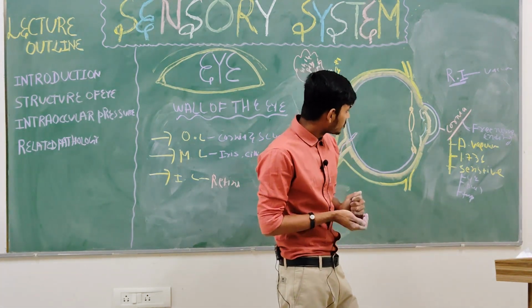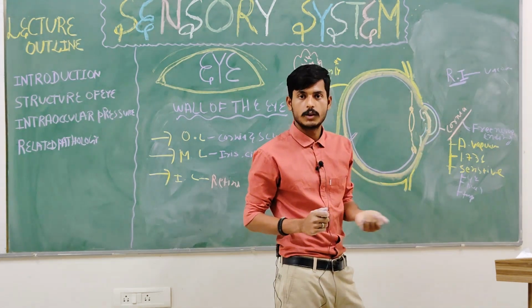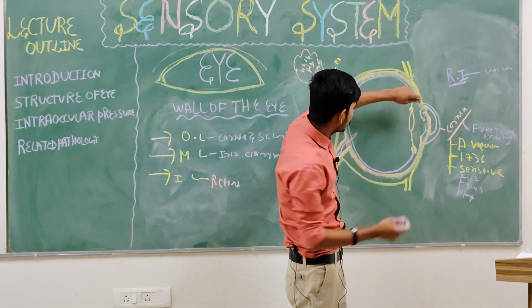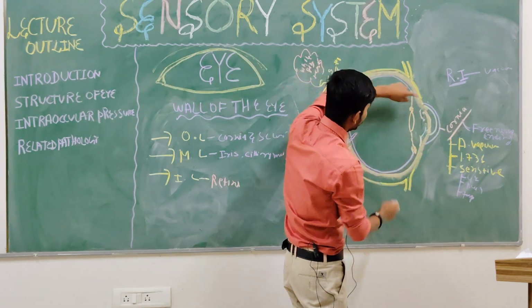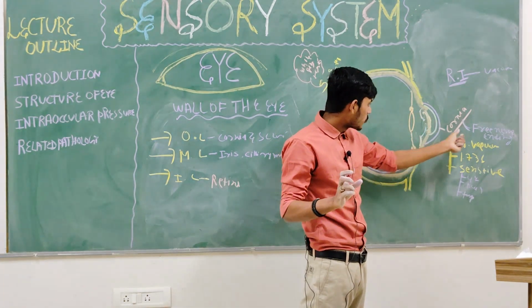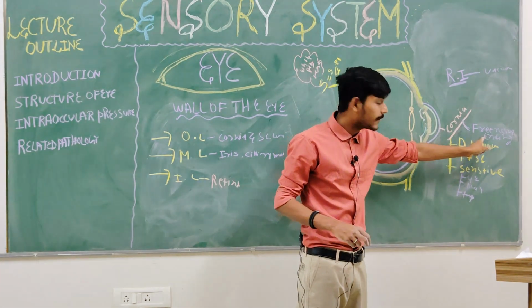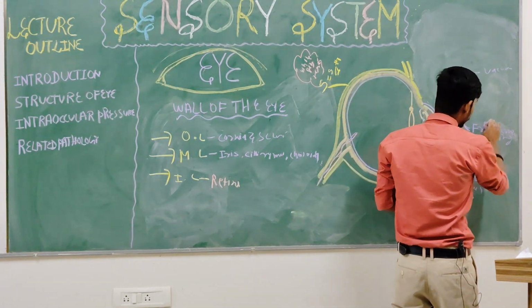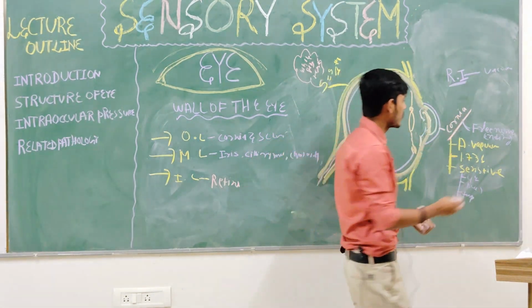So what happens? When we are exposed to dust and it touches the conjunctiva and then the cornea, the conjunctiva basically covers this area, your sclera. The cornea is covered only partially. So when dust touches this cornea, there is a nerve ending first of all, from the trigeminal nerve.